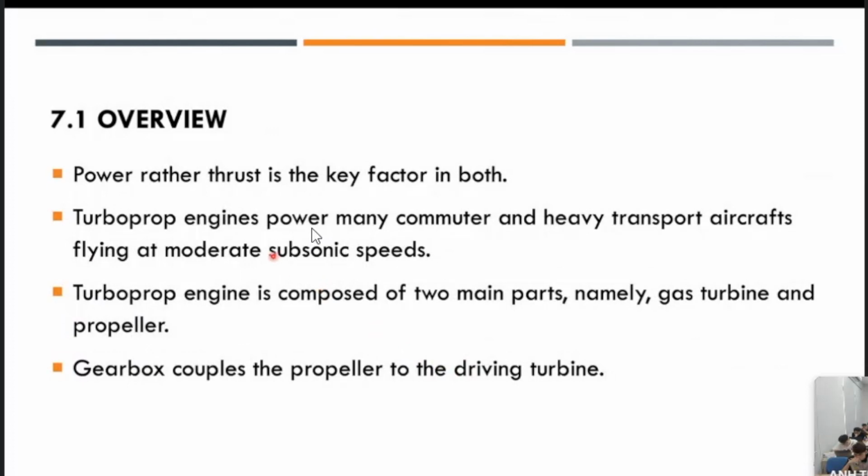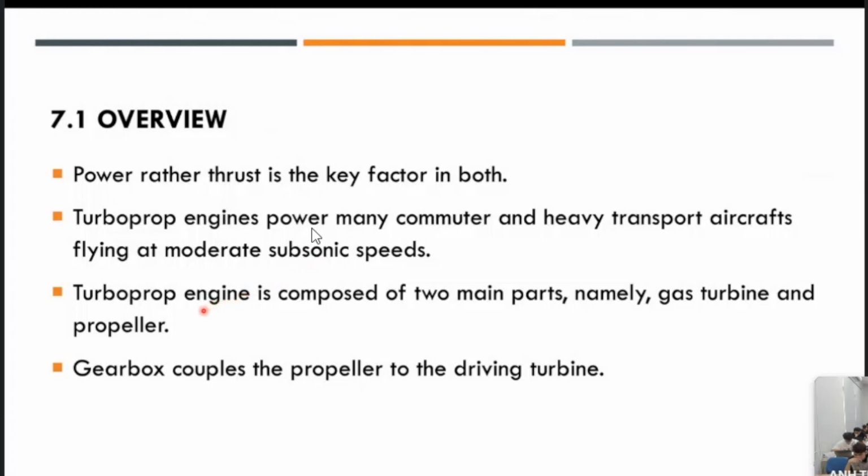The power, rather than thrust, is the key factor in both turboprop and turboshaft. The turboprop engines power many commuter as well as heavy transport aircraft, which fly at moderate subsonic speeds.